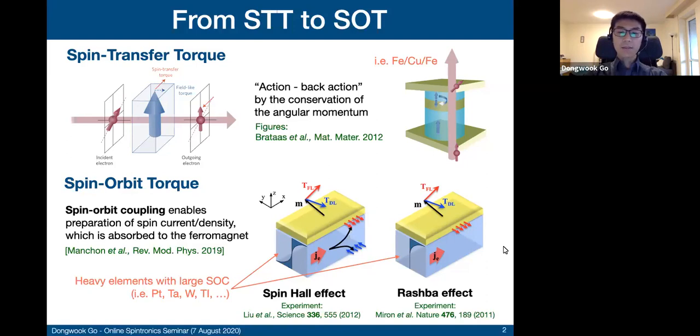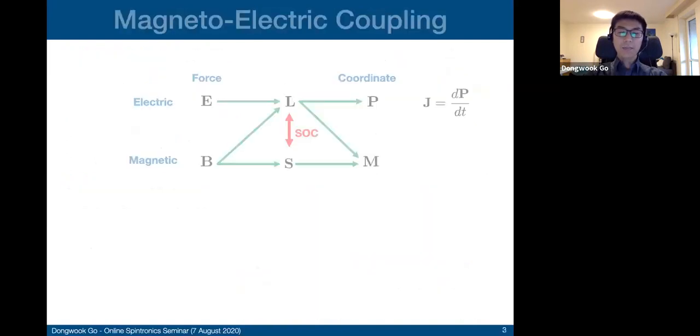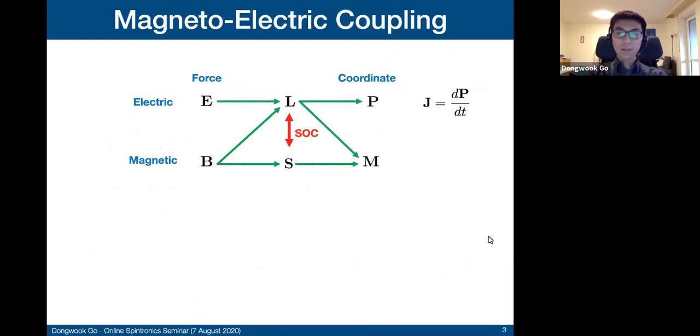Okay, but as a physicist, I'm interested in understanding what is going on from a fundamental perspective. In my opinion, spin-orbit torque can be understood as one of a larger class of phenomena called magneto-electric coupling. It simply means the coupling between electricity and magnetism in solids. In this simple diagram, I show how the force, electric field, and magnetic field are coupled with the coordinate.